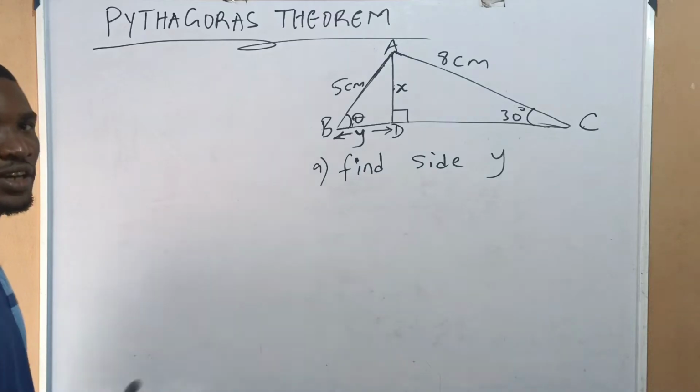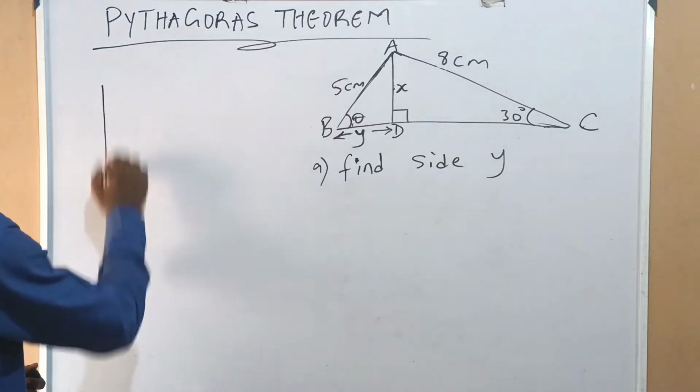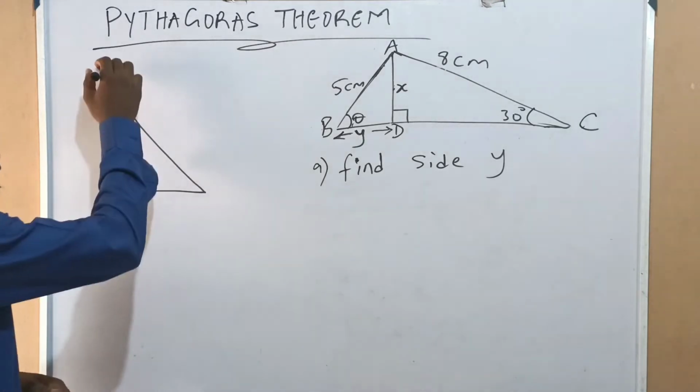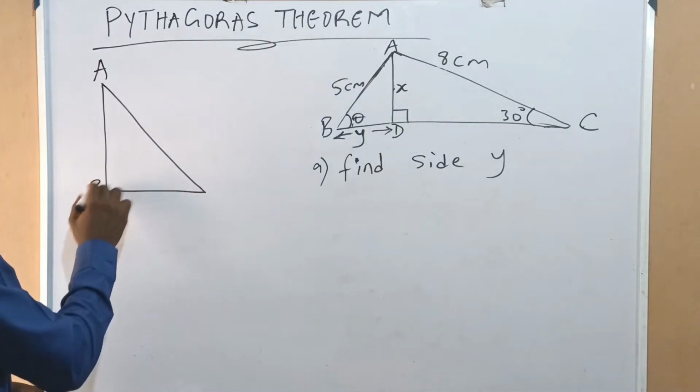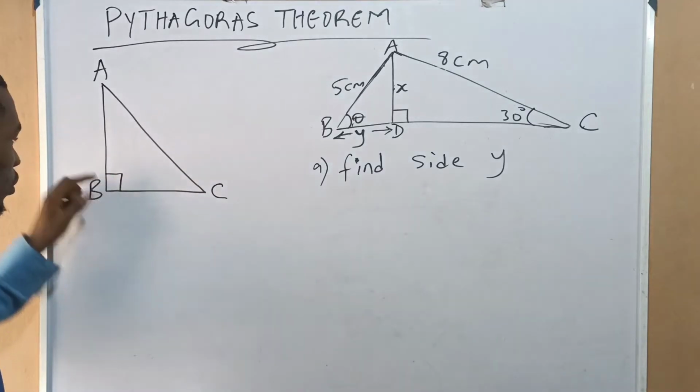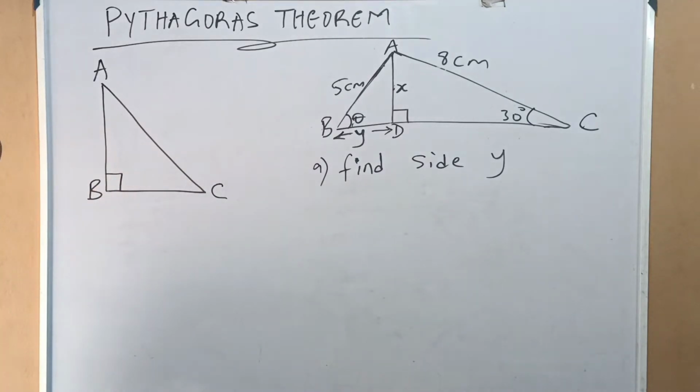Let's begin with this diagram. If I have a right angle triangle of this form, let me call it triangle A, B, and C. And this is a right angle triangle because one of its angles is 90 degrees.